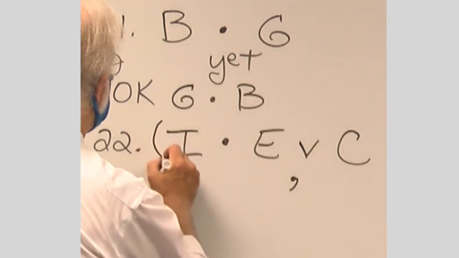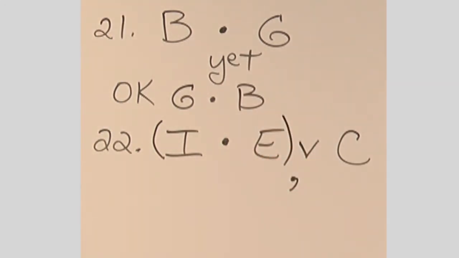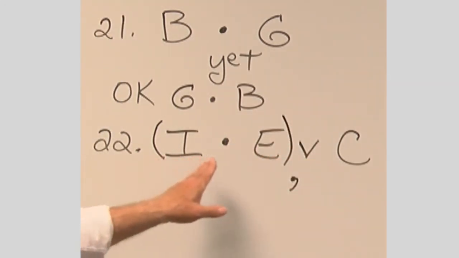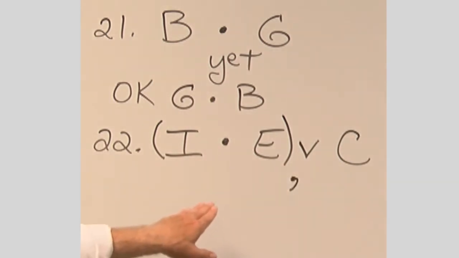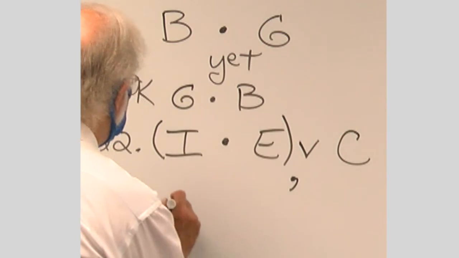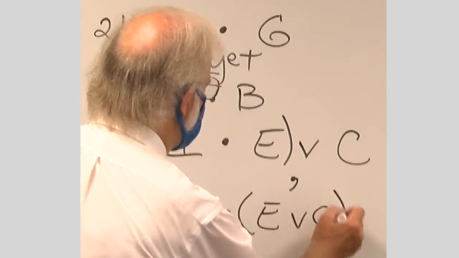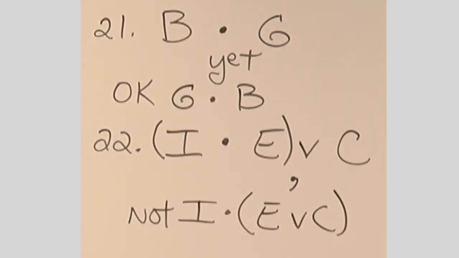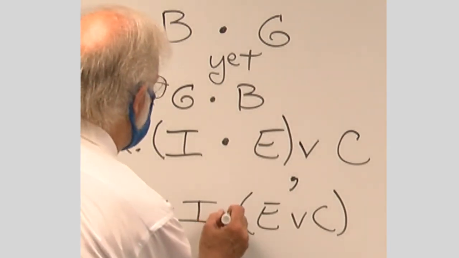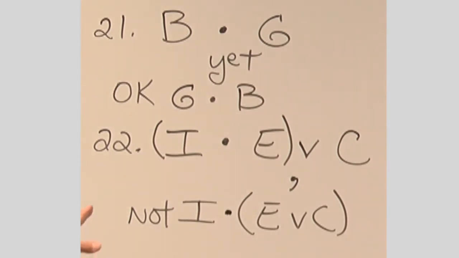And so we show that by putting parentheses around the I and the E. This now makes a well-formed formula that exactly communicates the meaning of the expression in 22. Notice here that if we had I dot open parens E wedge C close parens, this means something different. They do not mean the same thing here. Okay, so it's absolutely crucial to mark the main connective properly, accurately, and to put the parentheses in the right spot.